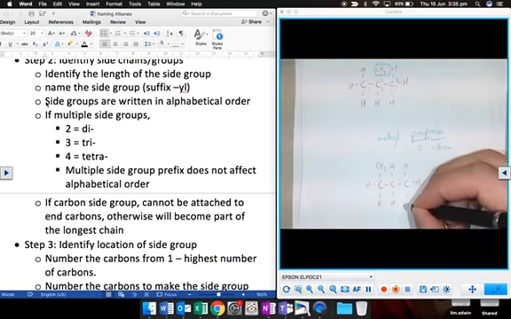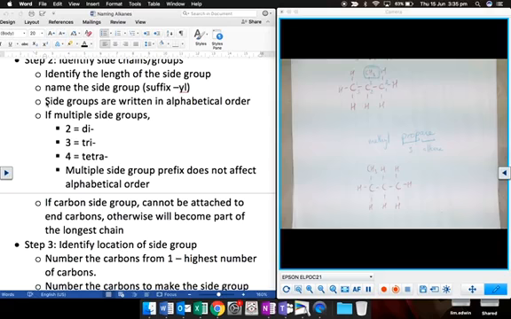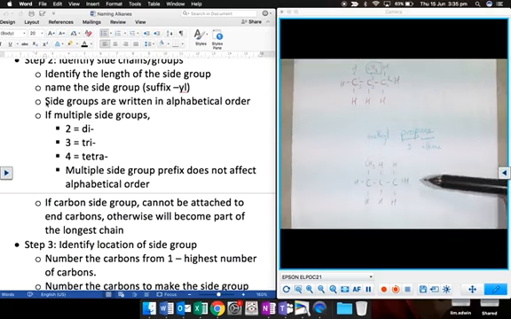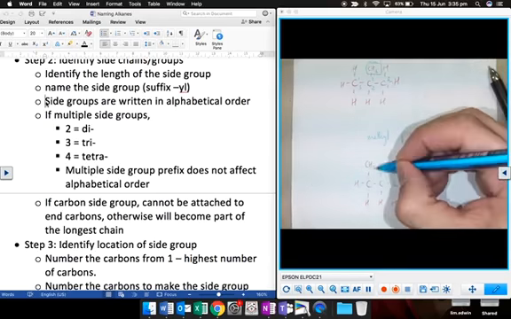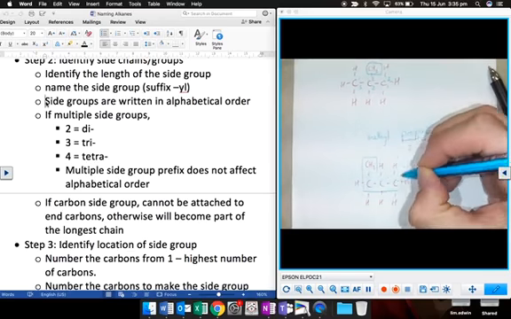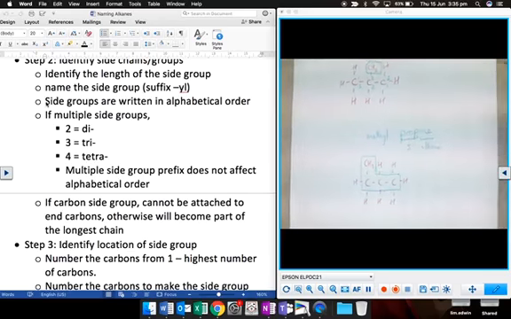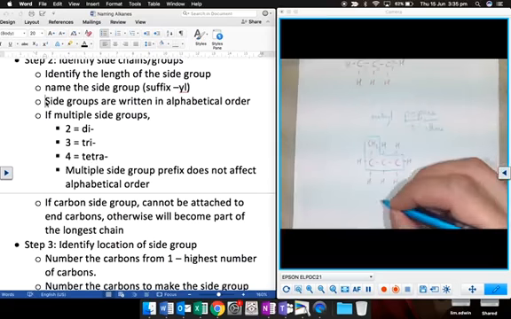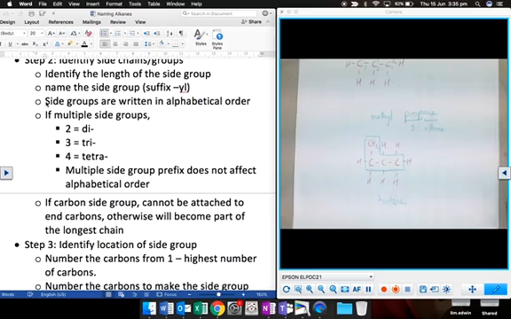I guess this leads into the reason why we have such specific naming conventions, because if you have something that's slightly different, we need to be able to know that it's slightly different via its name. Okay? If we have this over here, the longest chain is actually a chain of 4. It's not in a straight line, but that's the longest chain of 4. So this would be called butane.